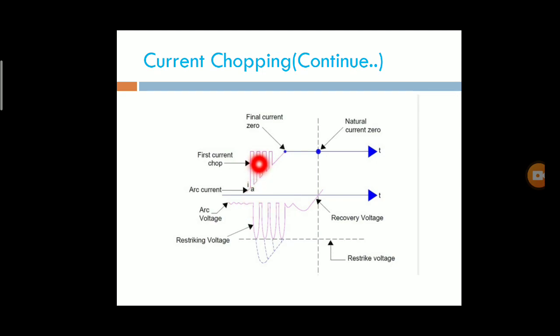After the current chopping starts, transient voltages appear. The starting point of this transient voltage is known as the restriking voltage. After completion of these choppings, the transient voltages reach the natural current zero and the oscillations are reduced.